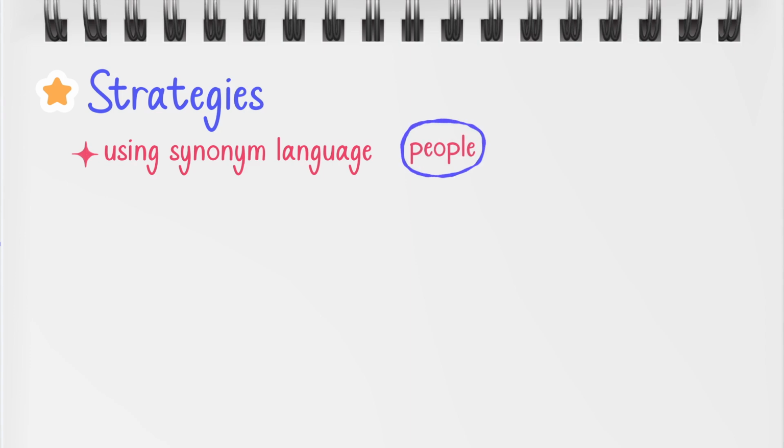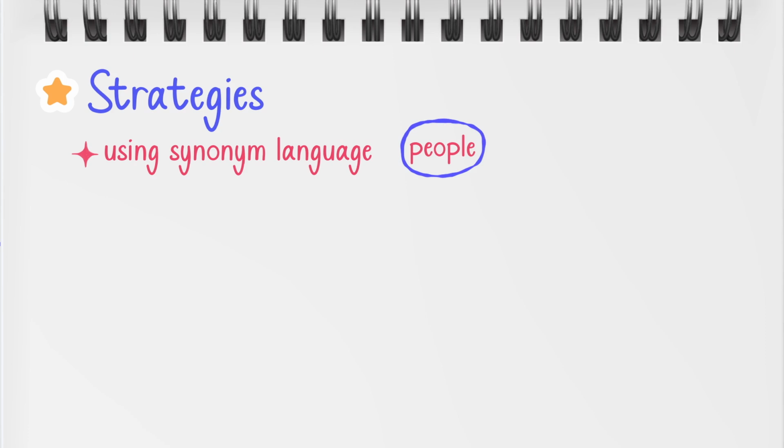All right, another technique that we can have is using a different word which has similar meaning, or let's say using synonym language. Now, one of the chief problems that the students mostly have is that they repeat the word people. There are a lot of ways that you can avoid repeating the word people or person.